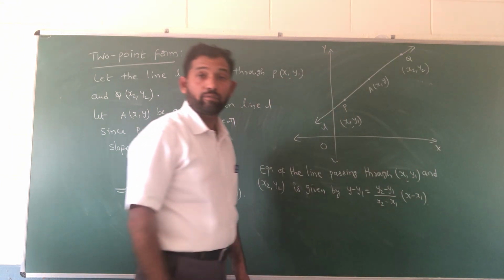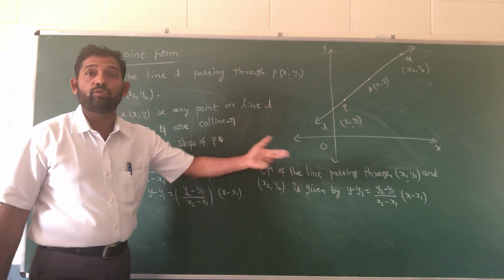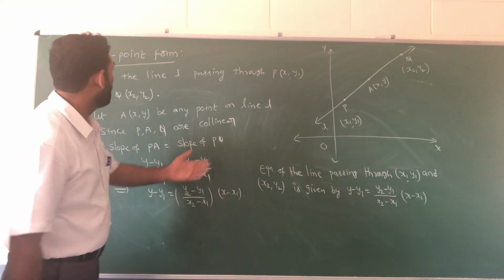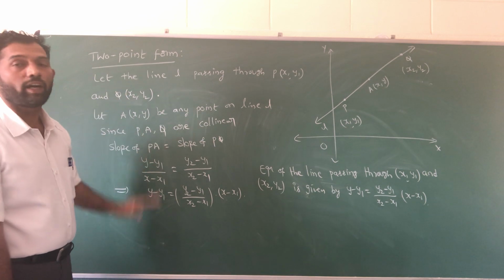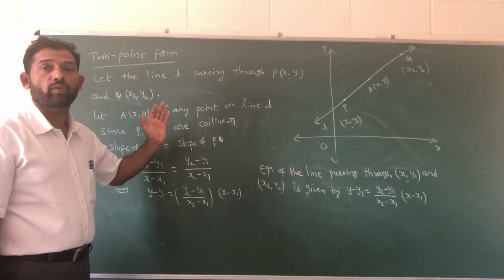That is the equation of the line passing through 2 points. This is called the two-point form equation.